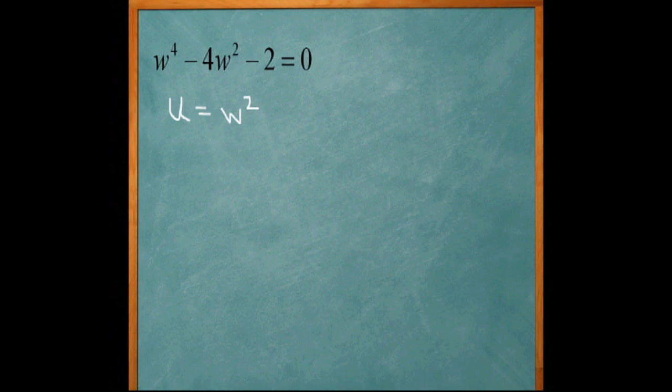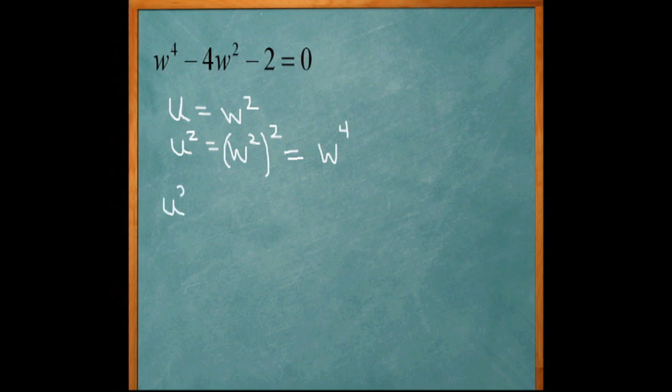Now if we use that, we're going to rewrite the original equation. W to the fourth becomes u squared. U squared is going to be w squared squared, which is w to the fourth.